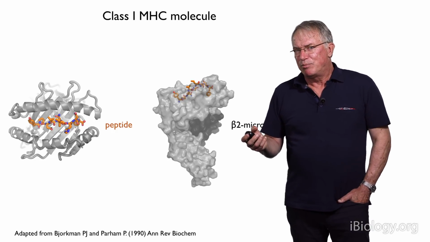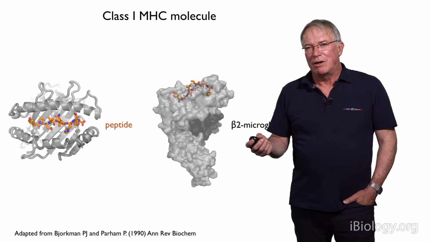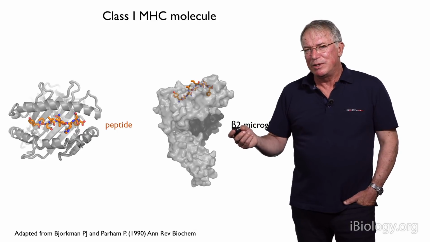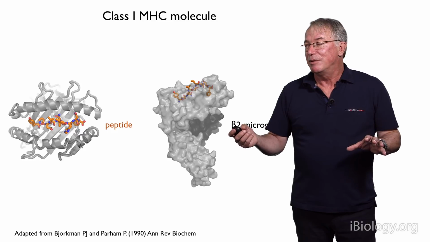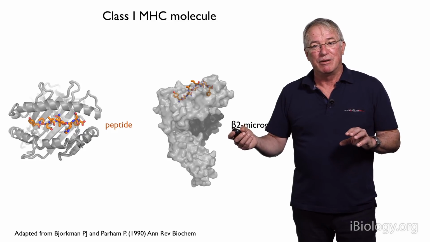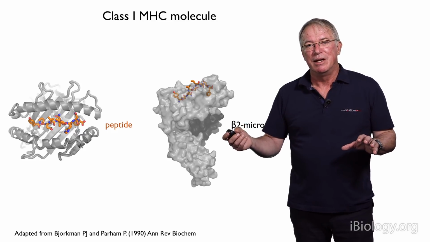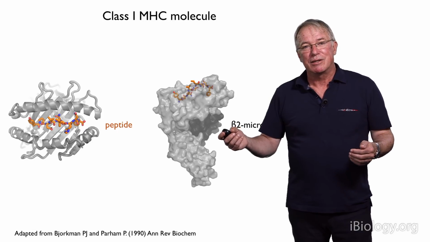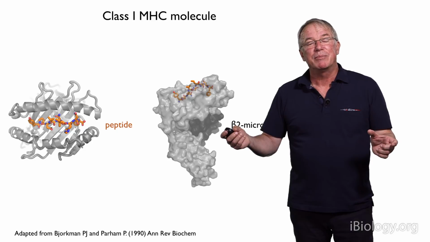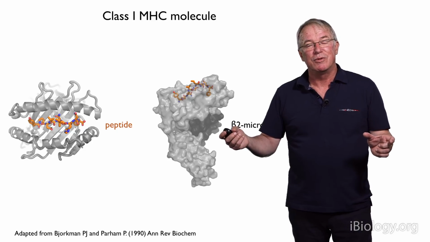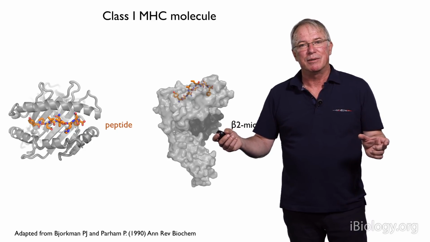Now, the MHC products are unique in structure because, notwithstanding the fact that they are of unique and fixed sequence, they can nonetheless bind a vast diversity of peptides by virtue of the fact that the architecture of the peptide binding pocket is designed such that many peptides of different sequence can fit into one and the same peptide binding pocket.